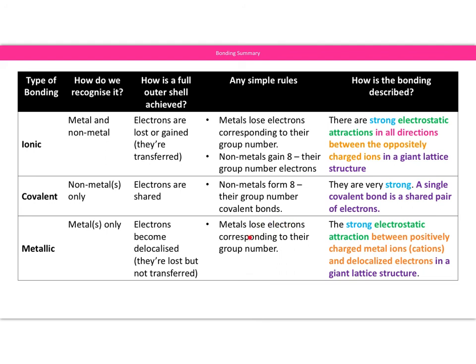So metals lose electrons corresponding to their group number, just as we had before. And again, there's a strong electrostatic attraction, only this time it's between positively charged metal ions, which are also called cations, and the delocalized electrons. That's the electrons that were lost from the outer shell. And again, we have a giant lattice structure.